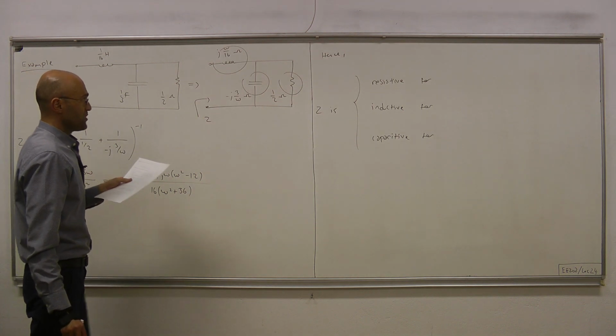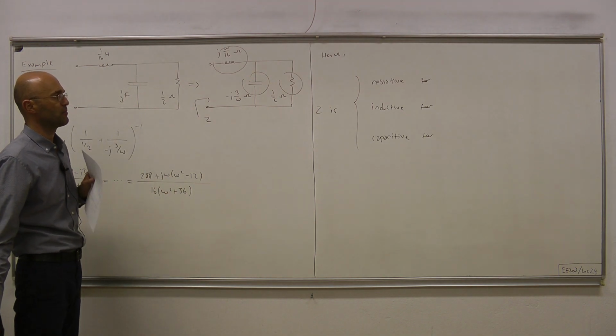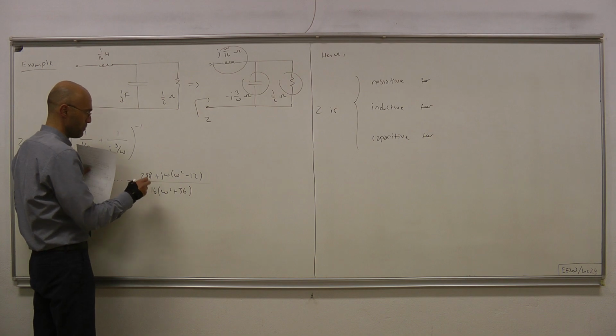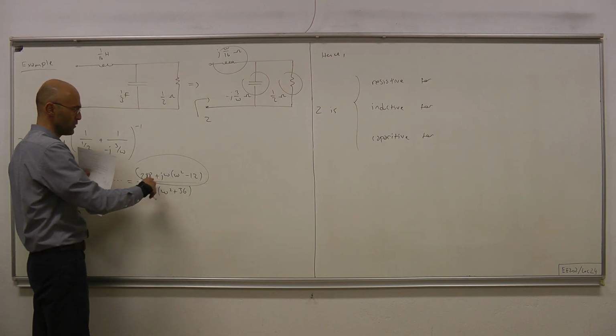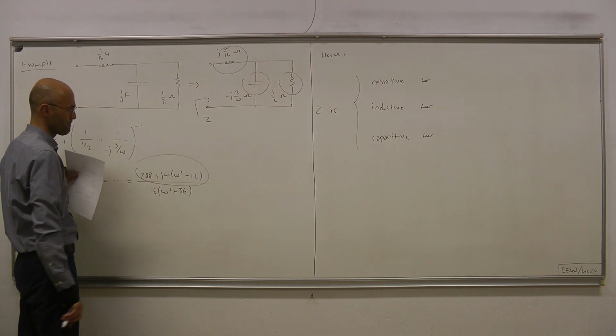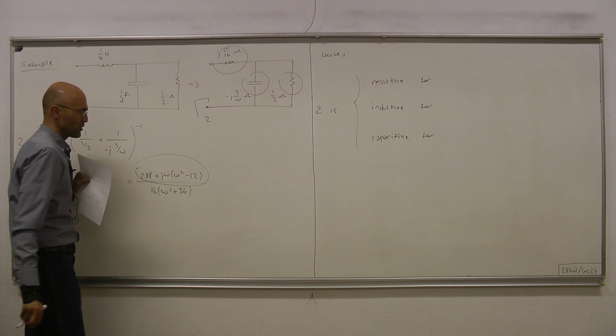So one-port resistive means, remember our definition, remember the table, that the imaginary part is 0. Now we look at the imaginary part of Z, which we can do by just checking the numerator term. So this is the imaginary part, omega times omega squared minus 12.